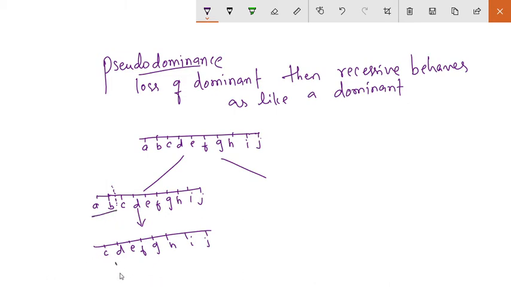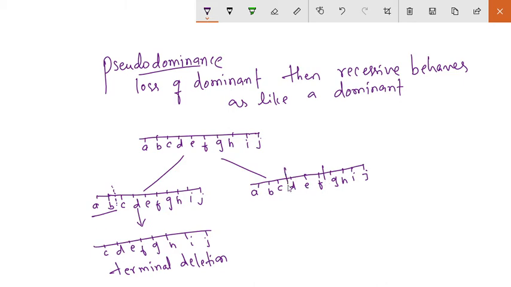So it is known as the terminal deletion, and second, that is the interstitial. So in the interstitial, A, B, C, D, E, F, G, H, I, and J. There is the breakage at two places.